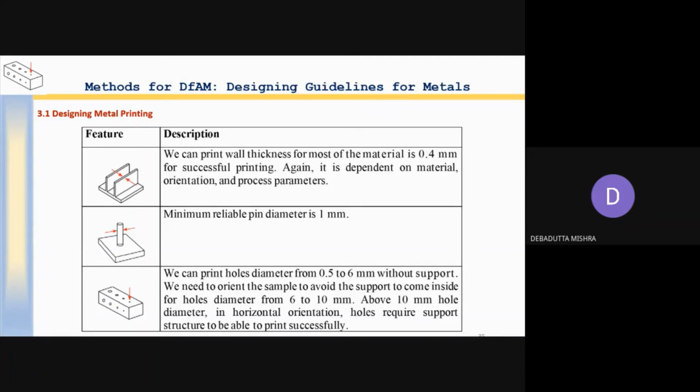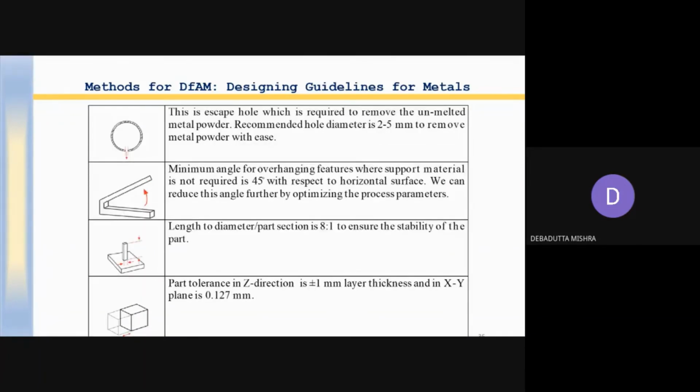These are some of the design guidelines you must keep in mind when going for DFM. Then you can see the escape hole, which is required to remove the unmelted metal powder. This is metal powder, and the laser is used on it.